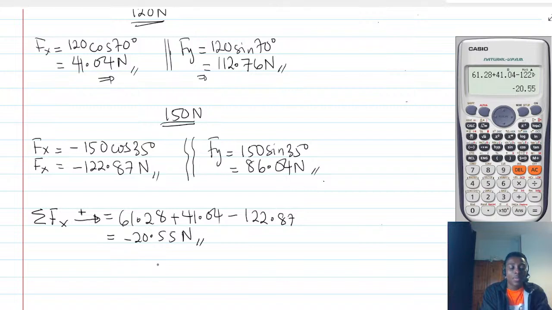Okay, let's do the y. Let's do the y. So we are going to sum forces along the y. Every force going up should be positive. Okay.